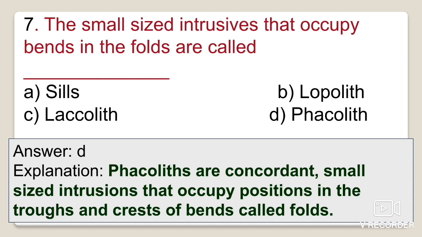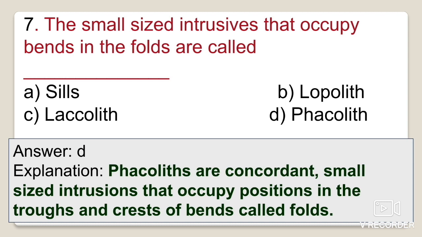But if the question is asked in the examination, you have to just go for the keyword: for laccolith, dome shaped, and for lopolith, saucer shaped. Okay, saucer shaped means concave inwards. But what is phacolith?